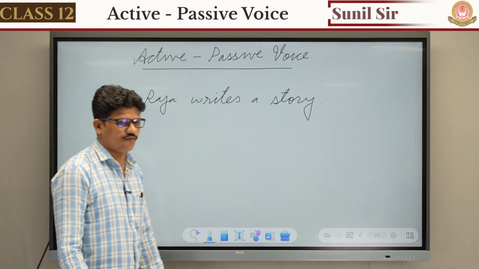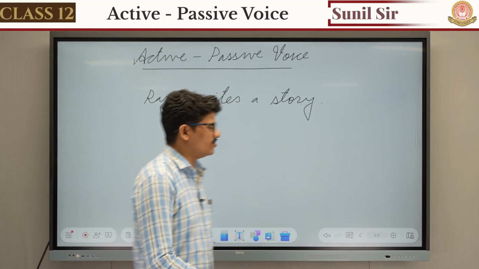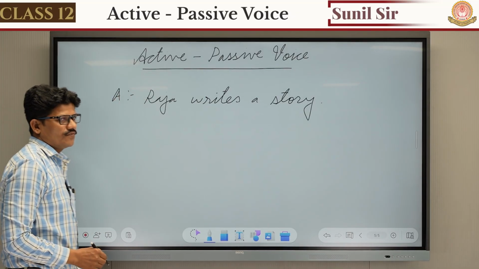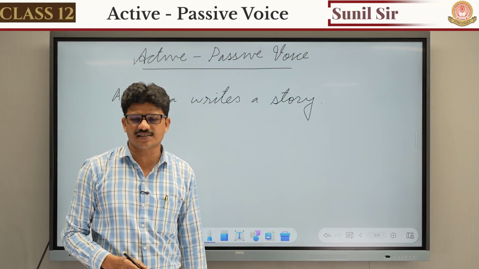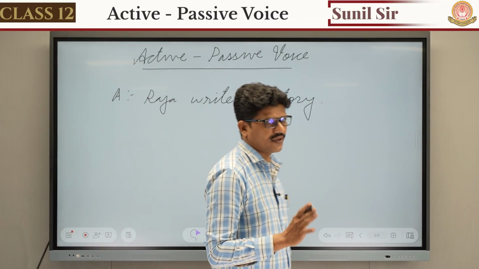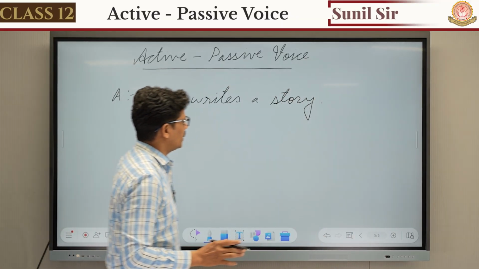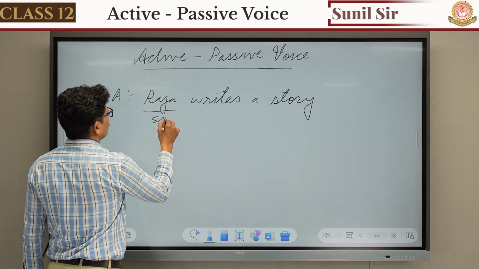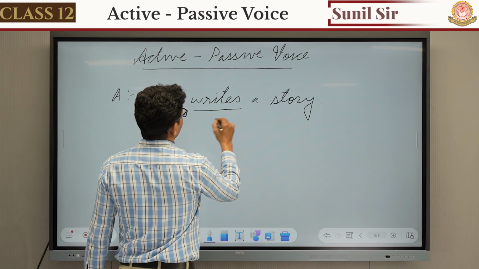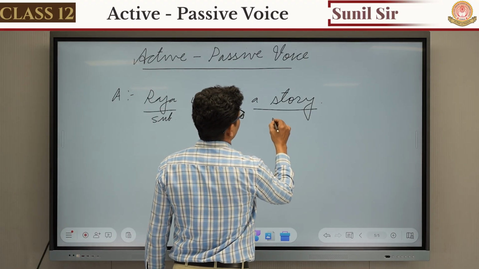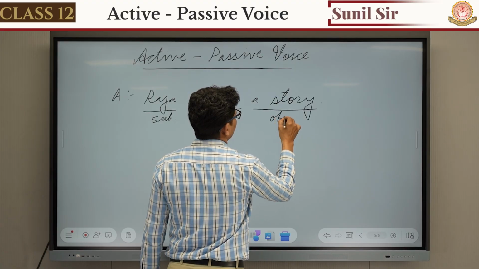The method of changing active into passive, the main first step is, first we have to divide the sentence into three main parts, that is subject, verb and object. So in this sentence, Raja, this is subject, writes, this is verb, and a story, this is an object.